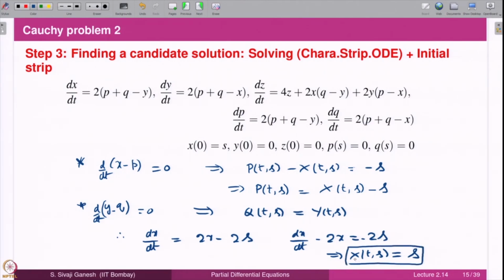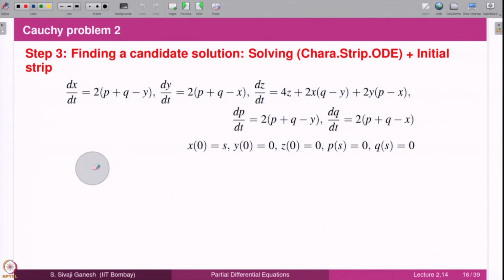So, please do these computations, the integration of this ODE. Similarly, the equation for y, let me do on the next page. Okay, equation for y is y dash equal to 2y plus 2s, and integrating this we get y(t,s) is equal to s into e power 2t minus 1.